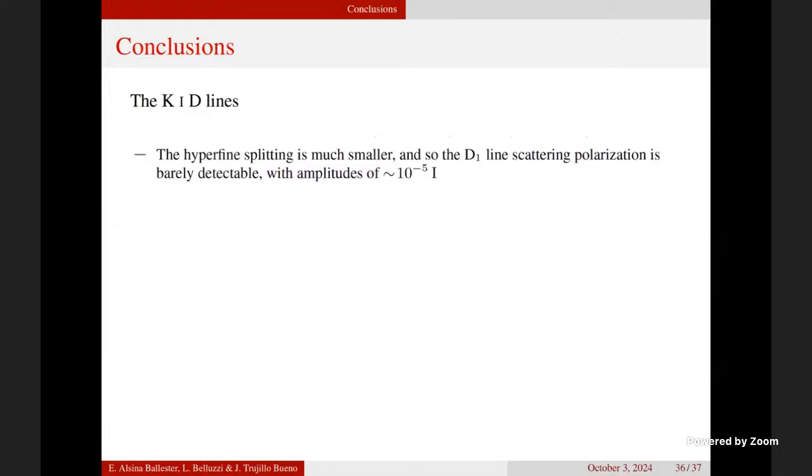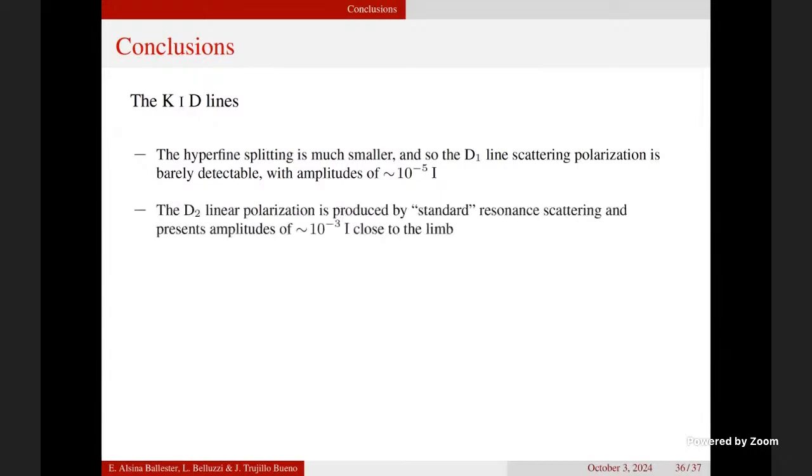By contrast, for the potassium D lines, we have a much smaller hyperfine splitting, and so the D1 scattering polarization is basically undetectable. On the other hand, the D2 line, which is produced by standard resonance scattering, has much more detectable signals with amplitudes on the order of point something percent.